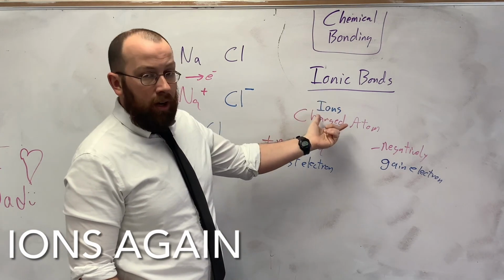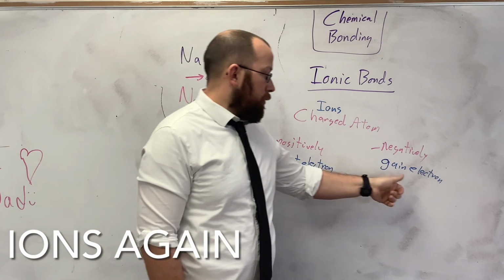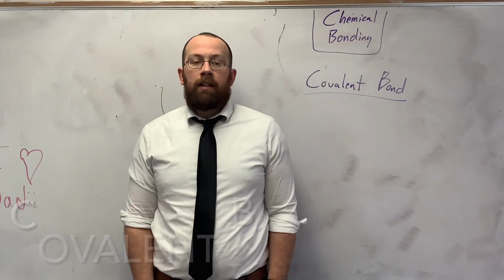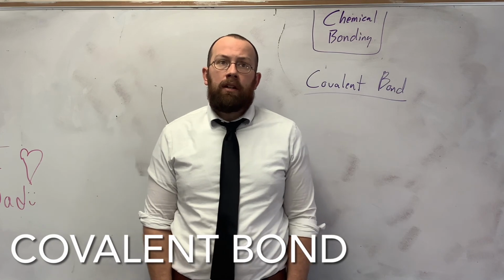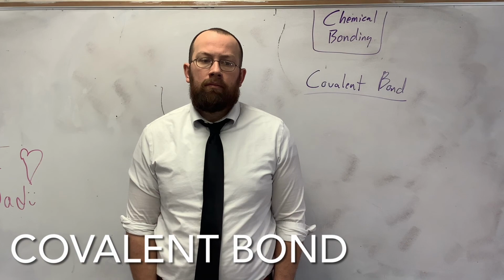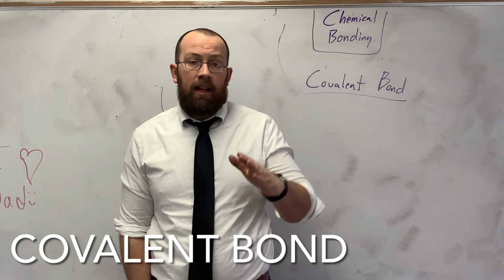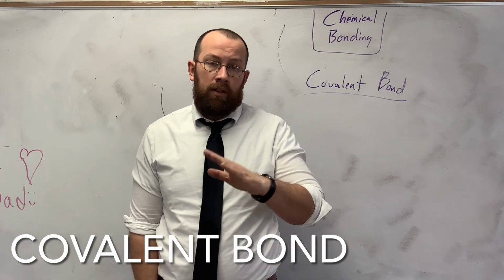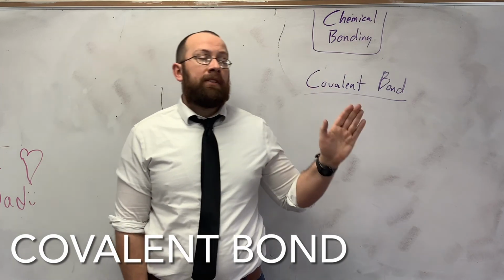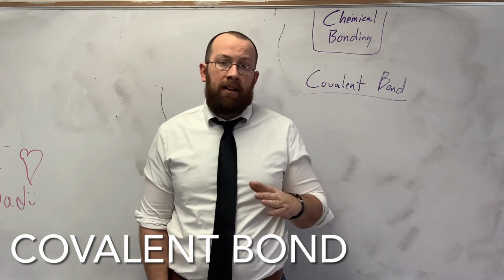Charged atoms are ions. They can be positive or negative, depending on if they gain or lose an electron. In an ionic bond, one atom gave its electron to the other atom, then they became negatively or positively charged, and they became ions when that happened.